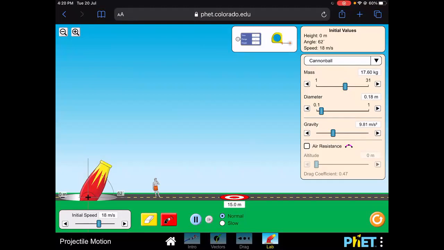See, for example, if I take one of the angles as 70. Okay, let me take it as 80 itself. Okay, I took it as 81.